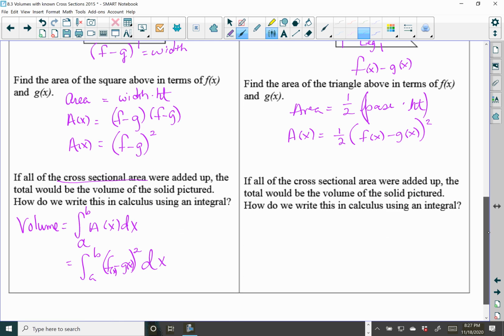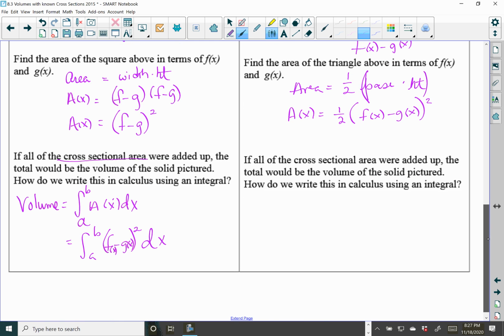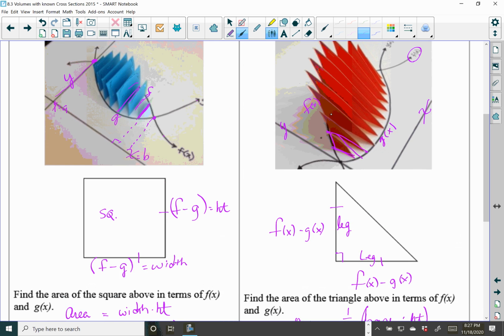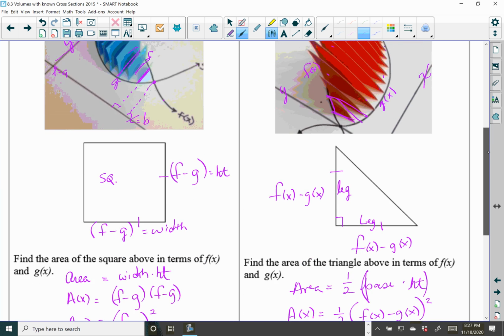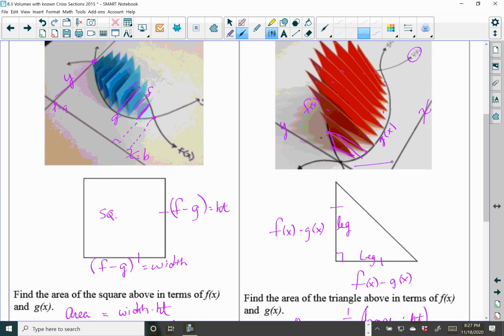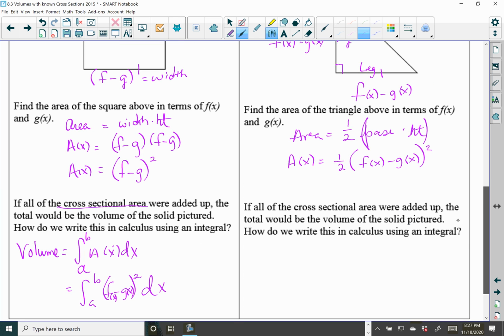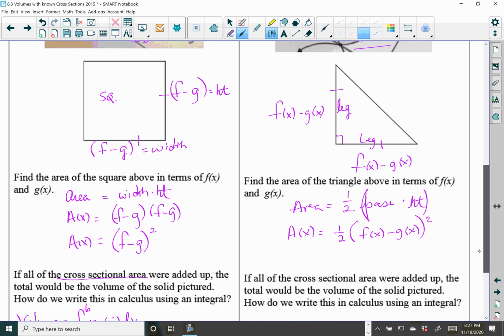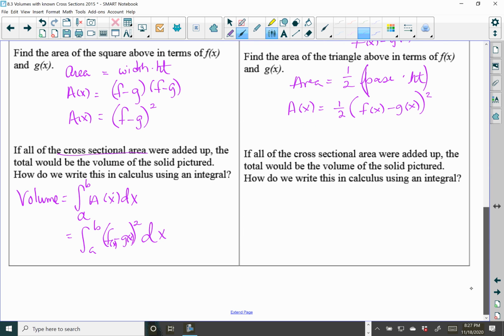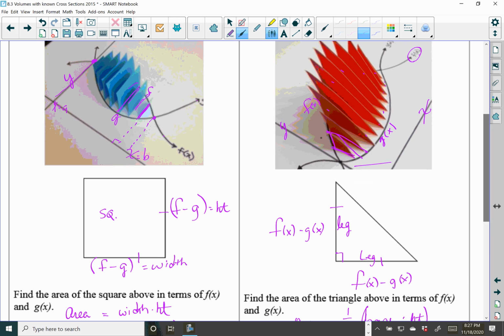If I added up all those little triangles, and they do get bigger as the distance between f and g grows, and it looks like they start getting smaller as f and g get closer together, all of that is determined by our functions and the distance between them. If I add them all up, I'm going to get the volume.